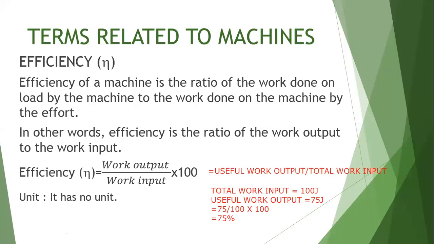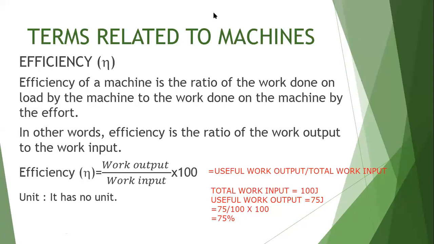Efficiency also has no unit because it is a ratio of, again, work upon work, two similar quantities. But remember, we always calculate efficiency in percentage. So if you want to find the efficiency in percentage, you multiply by 100. Otherwise, we can say that the efficiency is less than 1.